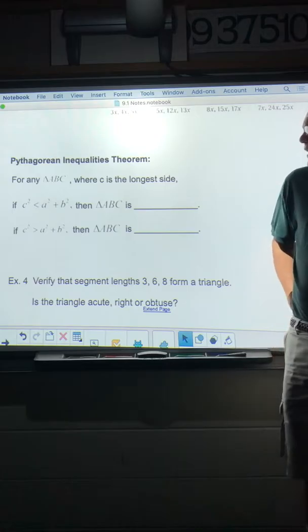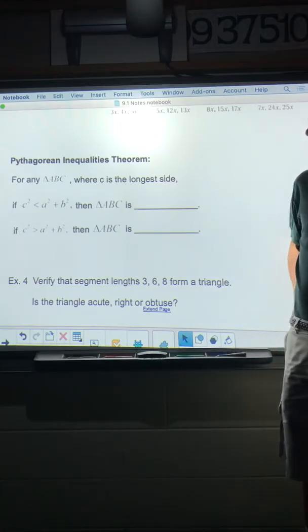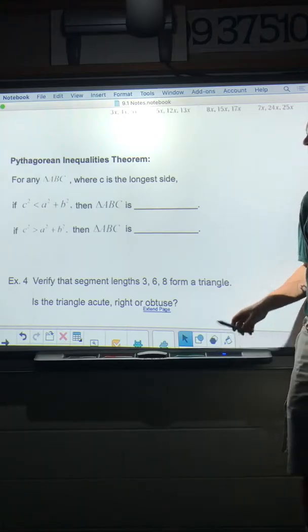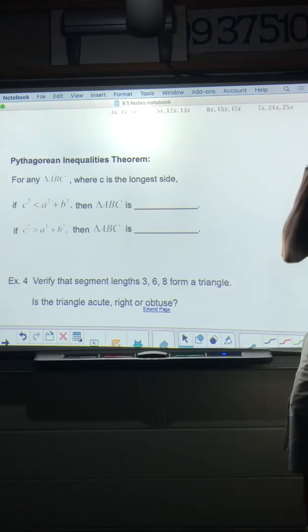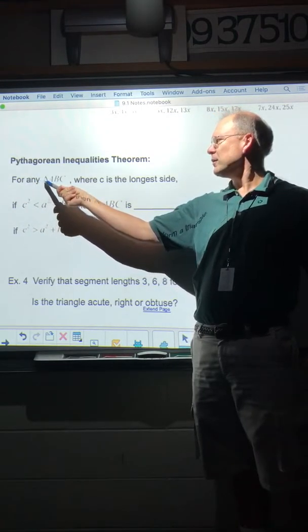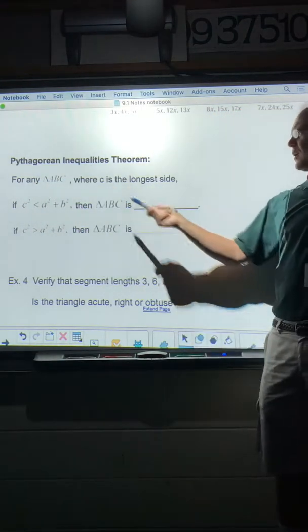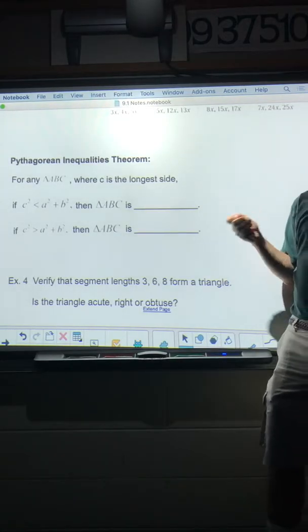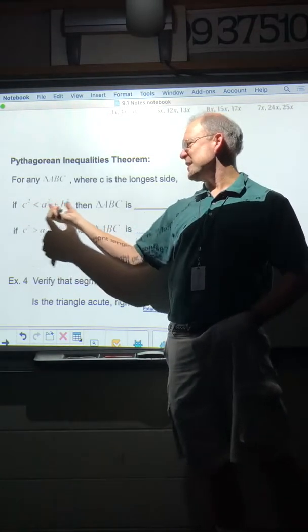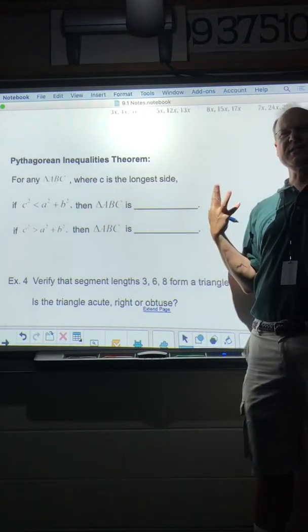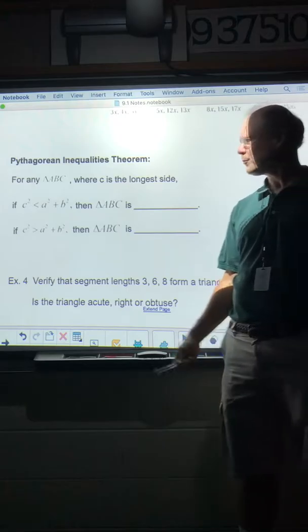Okay, then the last thing I want to talk about here is called the Pythagorean inequalities theorem. So it says, for any triangle ABC, where C is the longest side, if C squared is not equal to A squared plus B squared, then we said it's not a right triangle.